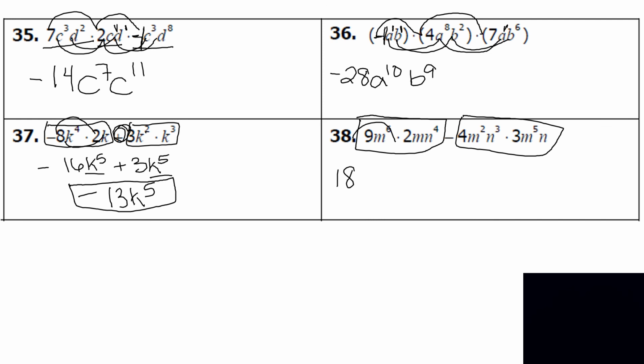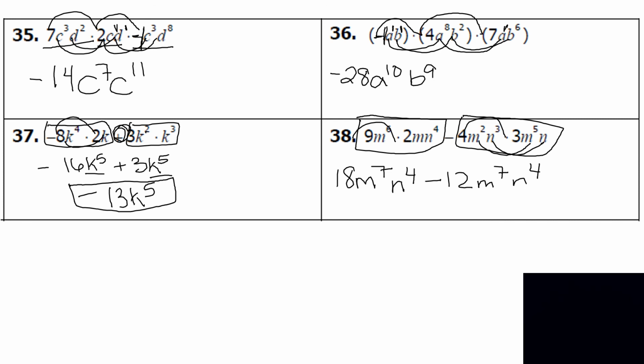M to the 6th times m would be m to the 7th. And then I'm just left with n to the 4th. Minus 4 times 3 is 12. M squared times m to the 5th gives me m to the 7th. And then n cubed times n gives me n to the 4th.